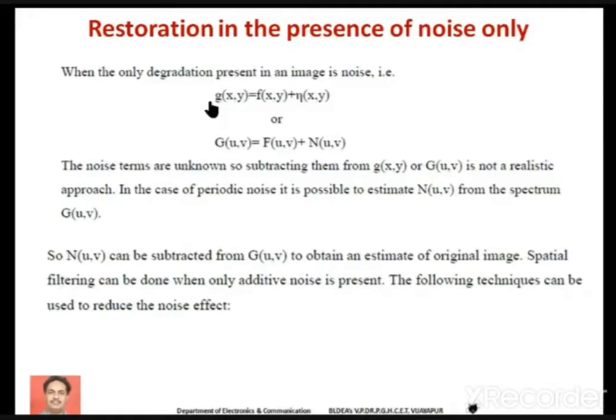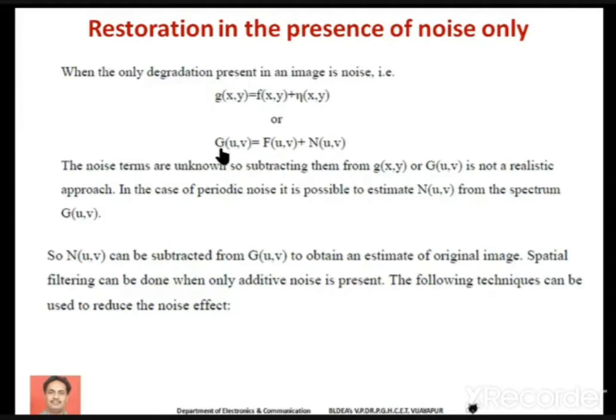Then the equation can be written as g of xy equal to f of xy plus eta of xy. Just try to recall that eta of xy, we called additive noise. That's why the equation is simply g of xy equal to f of xy plus eta of xy. The h of xy, which you have seen in the initial diagram, does not appear in this equation.